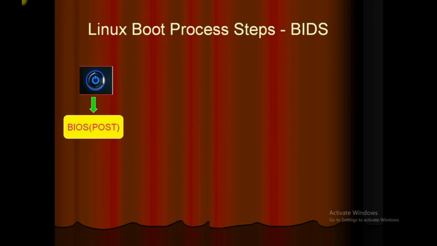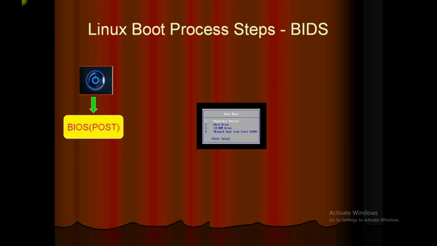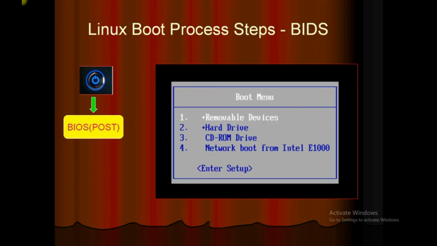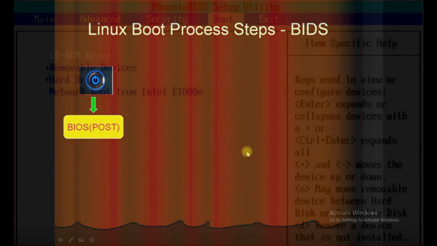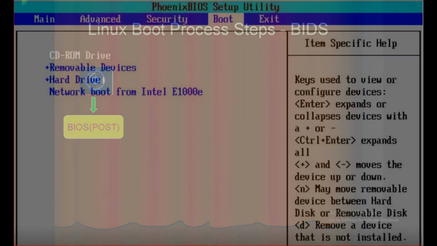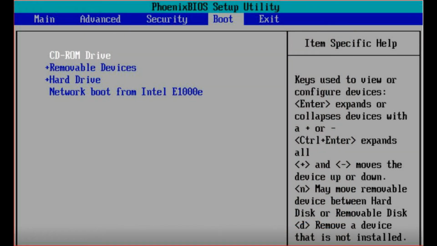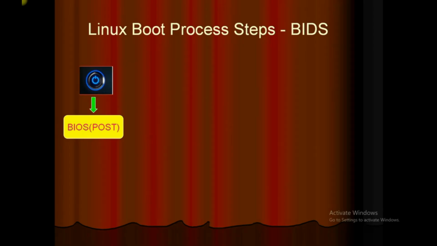Once it successfully completes, it will check for the bootloaders and execute the bootloader. Basically, for checking the bootloader, first of all it should know where the bootloaders are located, what the devices are, and from where it can find them. For that, it will go one by one through all devices, and the moment it finds the bootloader, it will execute it.